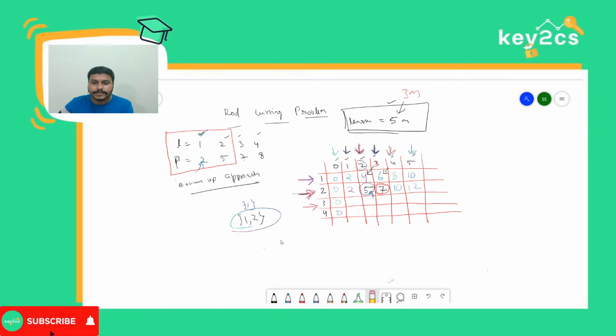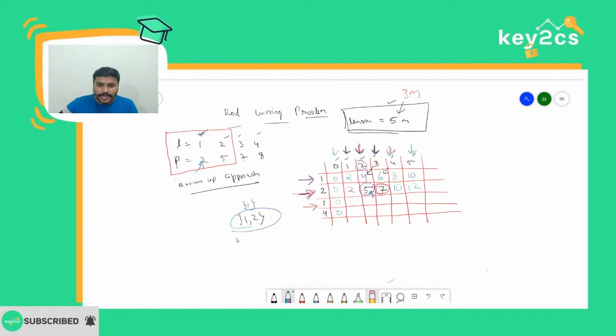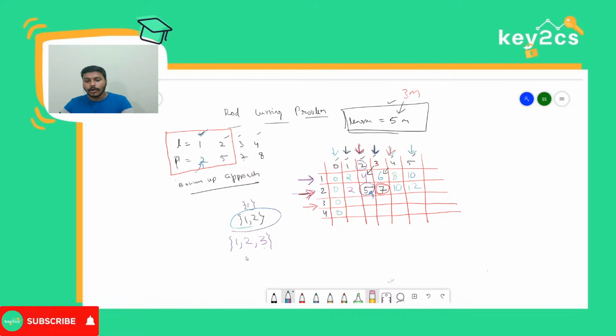Now we are at the third row. That means the available options of rod for us are rods of length 1 meter, 2 meter and 3 meter. I can pick any one, but I would always check first, can I take a 3 meter rod? Then I'll go for the rest.